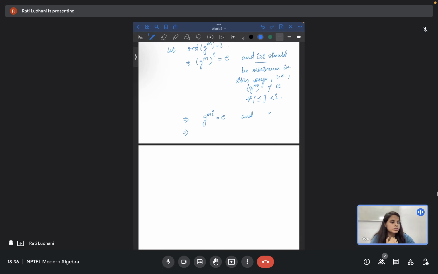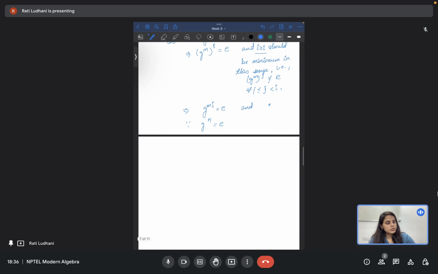And now since g raised to power mi is equal to g raised to power n is equal to identity, this implies, so what should happen? So this implies mi should be 0 mod n.